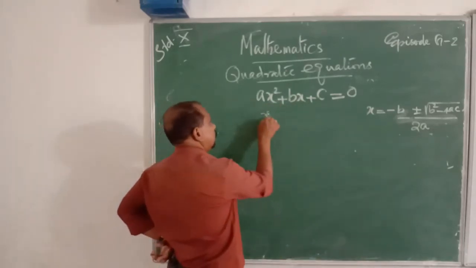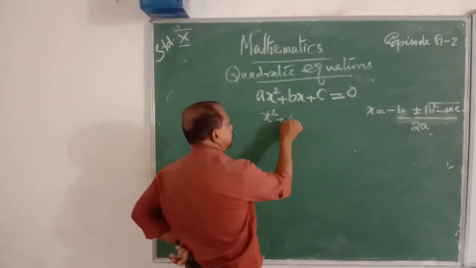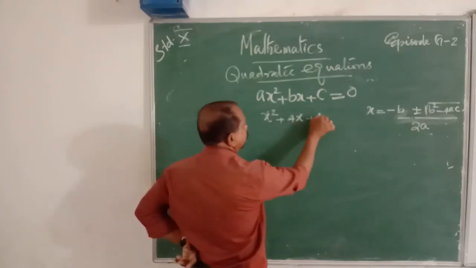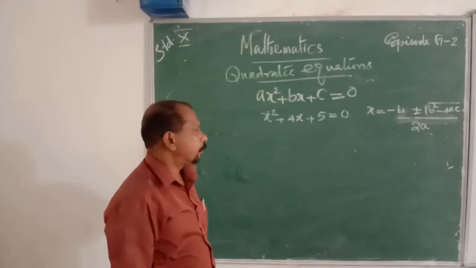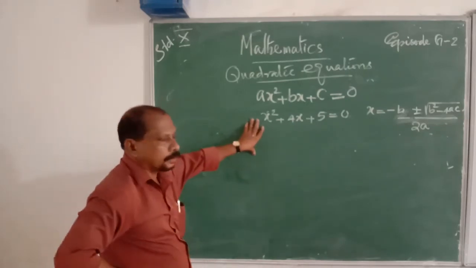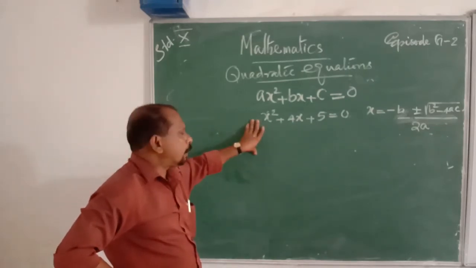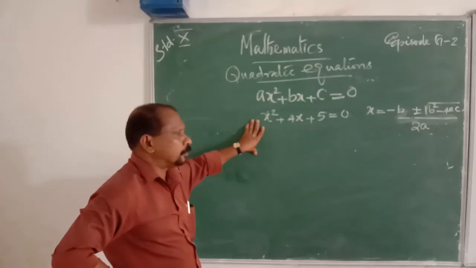x square plus 4x plus 5 is equal to 0. Okay. In this case, x square plus 4x plus 5 is equal to 0.